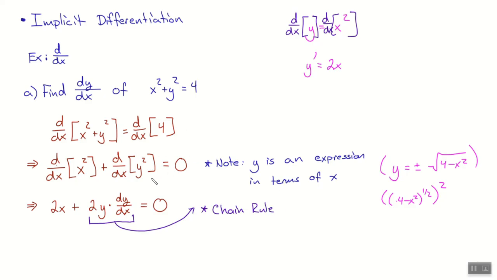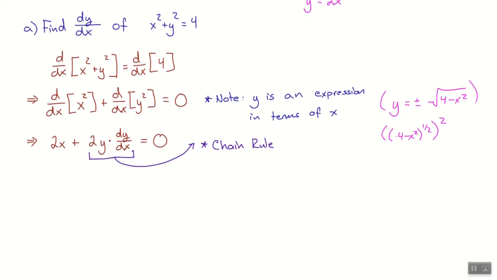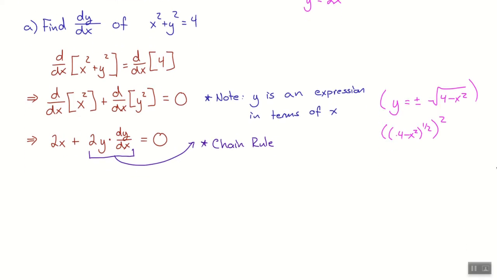Okay, at this point in time, I'm feeling pretty good about this. What are we actually trying to find in this problem? So in our directions, we stated find what? dy dx.